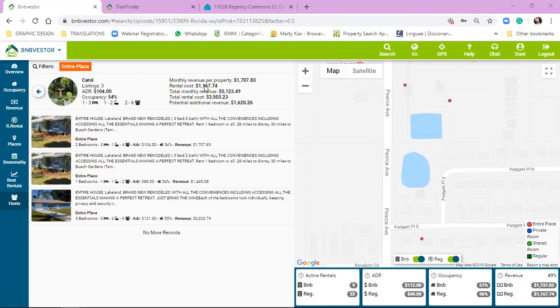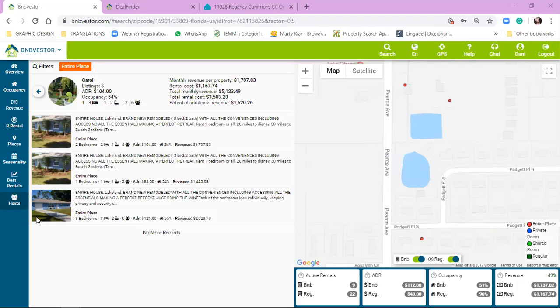It's not the actual, let's say, 1,167 times 3. No, no, no. It's the average of all 3 properties. It has a total monthly revenue of 5,123, a total rental cost of 3,503, and then it has a potential additional revenue of 1,620.